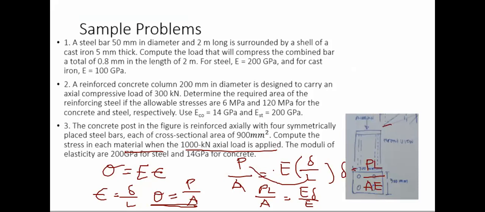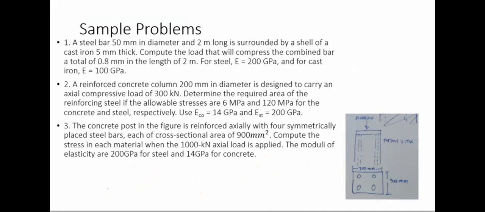We'll erase the drawings. So, first, we have number 1: a steel bar, 50 mm in diameter and 2 meters long, is surrounded by a shell of cast iron with a 5 mm thickness. Compute the load that will compress the combined bar a total of 0.8 mm in the length of 2 meters.